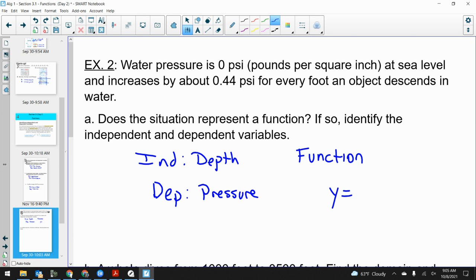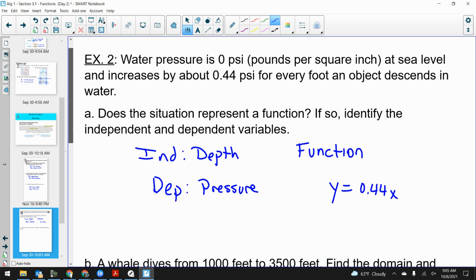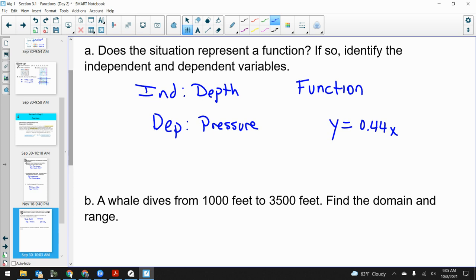Right, so if I put an input of 1, what's my psi? If I put in 2, what's my psi? What am I doing with that? I'm multiplying. So therefore I can say y is equal to 0.44x. That's what I'm looking for there. See if you can write an equation to model the situation, because you know what we're going to have to do next? We're going to have to write the domain and range.